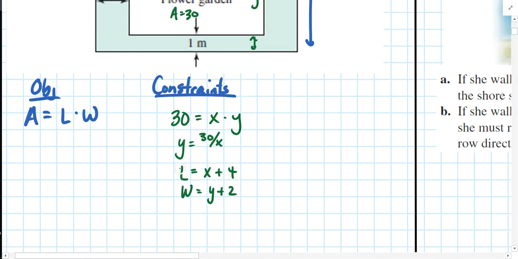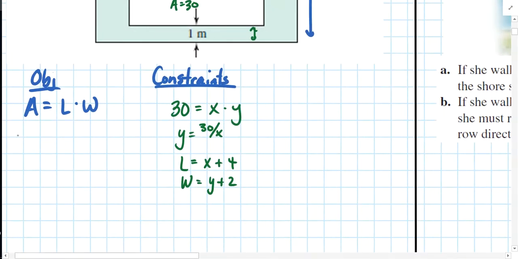And so it's these functions, L, W, and y, that are going to be used to rewrite our objective.